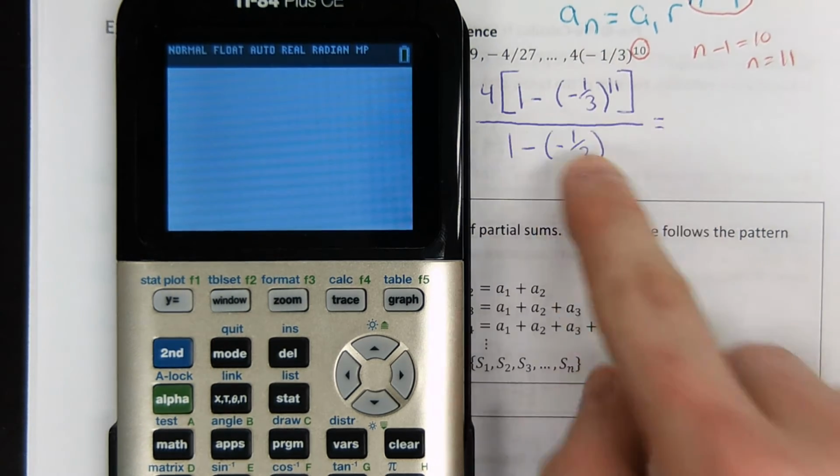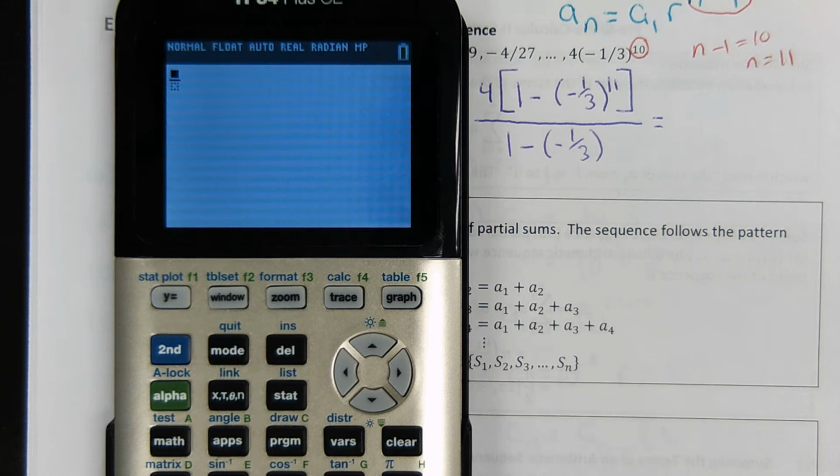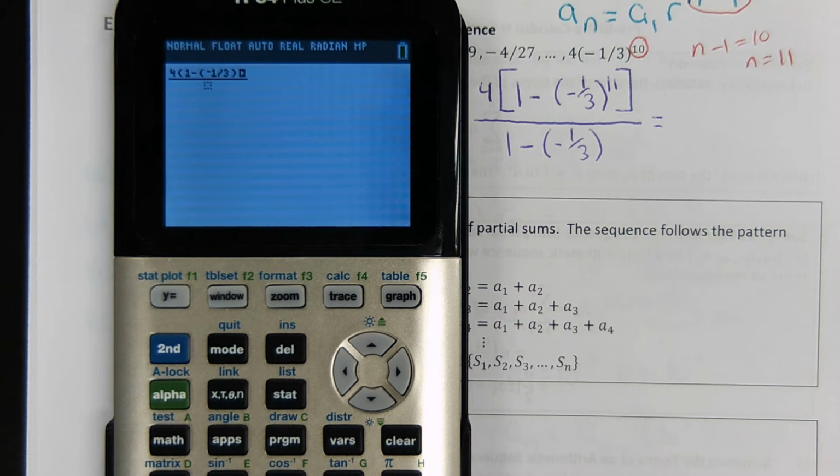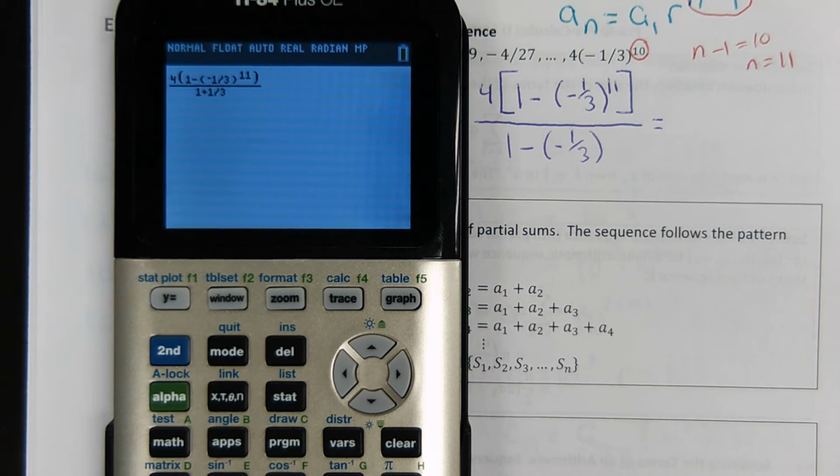Math, frac, enter. I don't think it could do brackets, so I'll just do parentheses: 1 minus parentheses, negative 1 divided by 3, raised to the 11, close my parentheses, and on the bottom, can we all agree that means 1 plus 1/3?